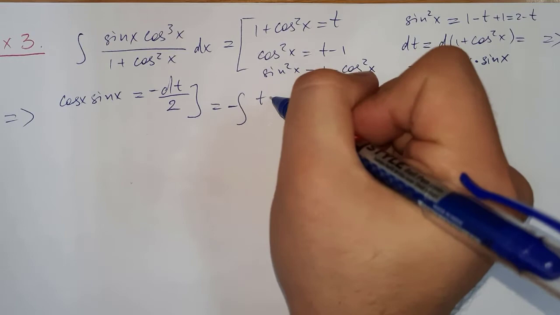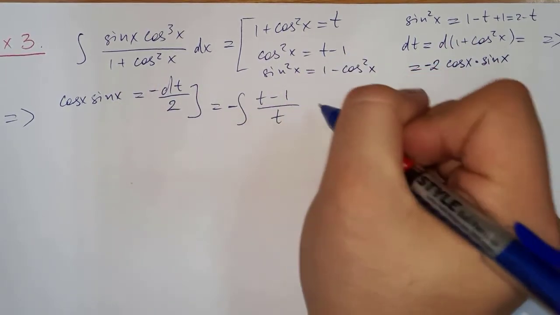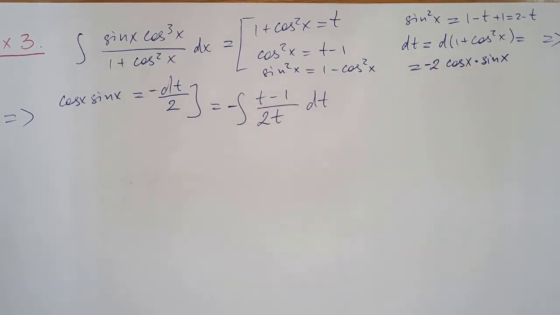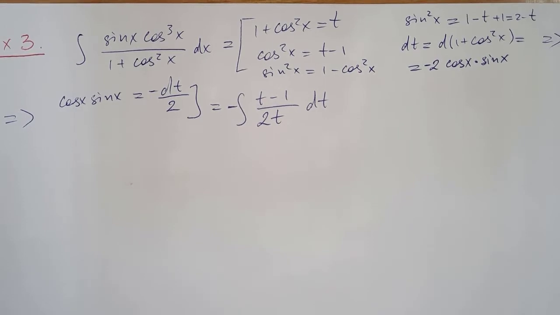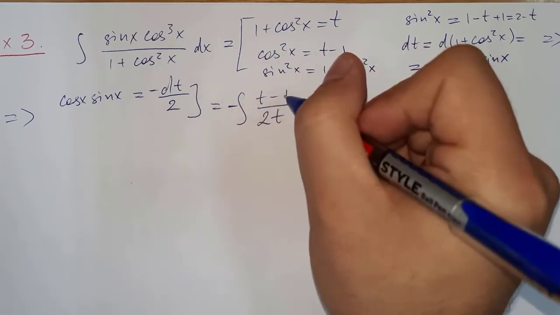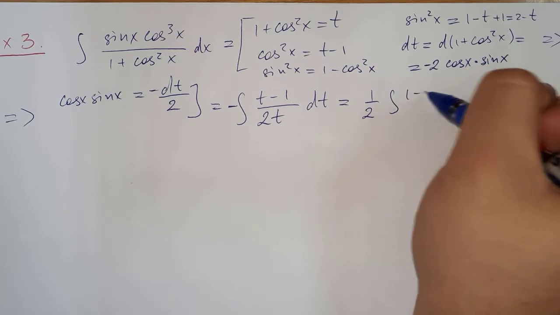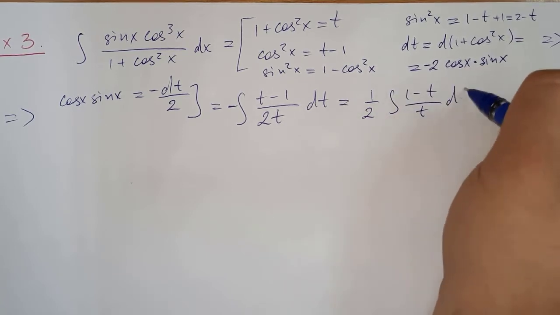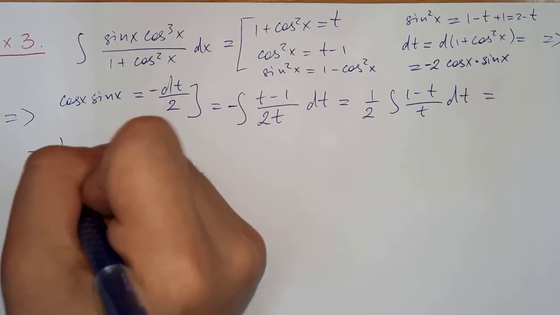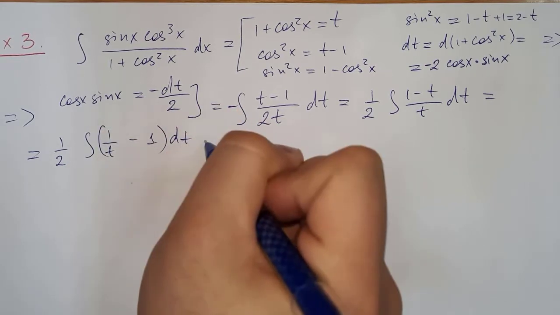And now (t minus 1) over 1 plus cosine squared x, this is just t, and dt over 2. So here we have 2. And now we can write this integral, if you multiply the minus into (t minus 1), we get 1 over 2 and (1 minus t) over t, dt. Or continuing, we have 1 over 2, (1 over t minus 1) dt.